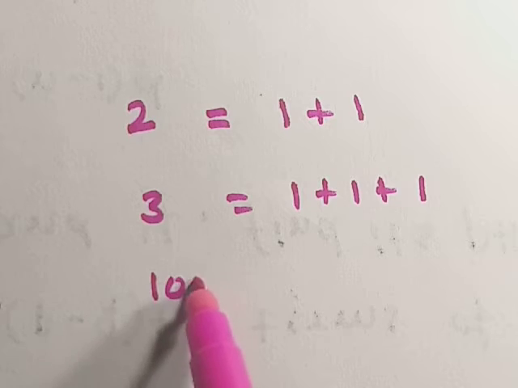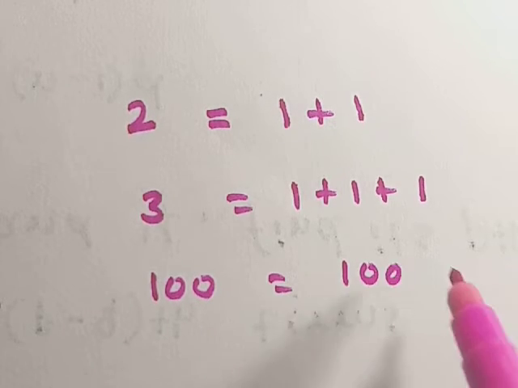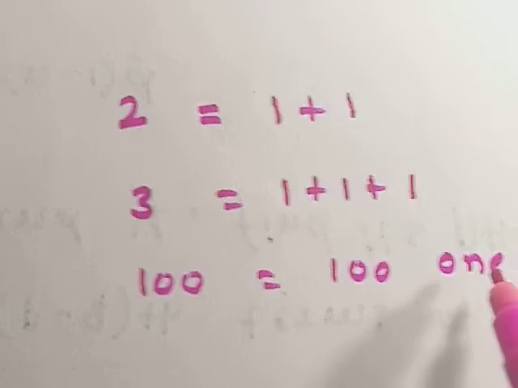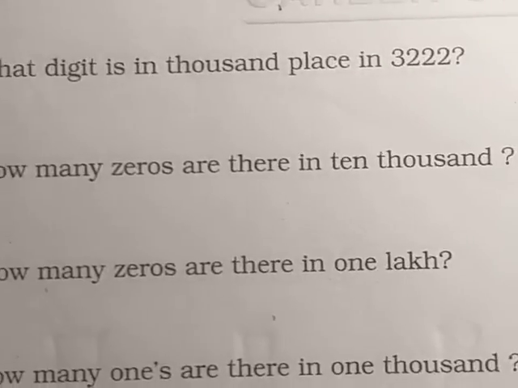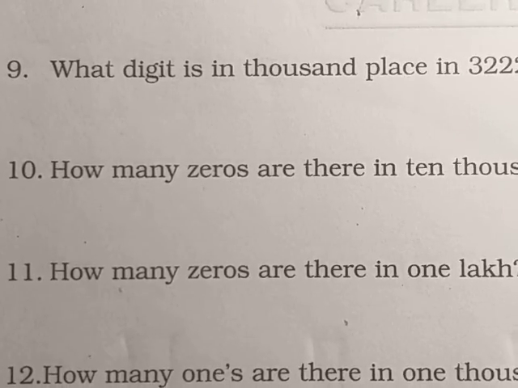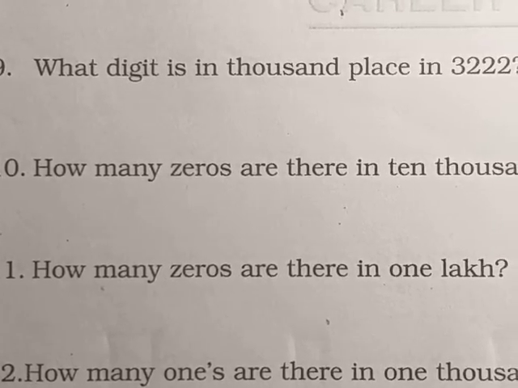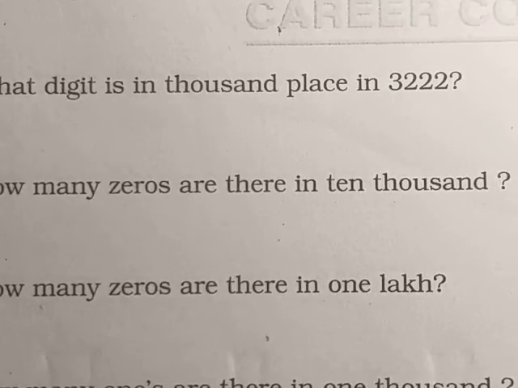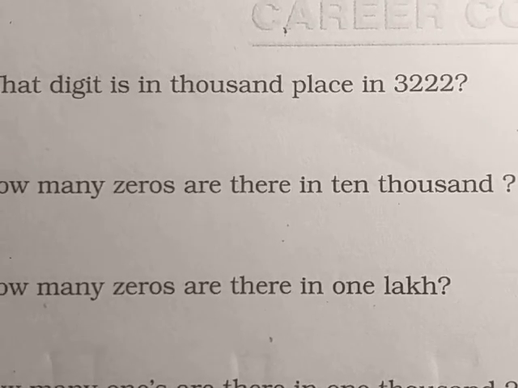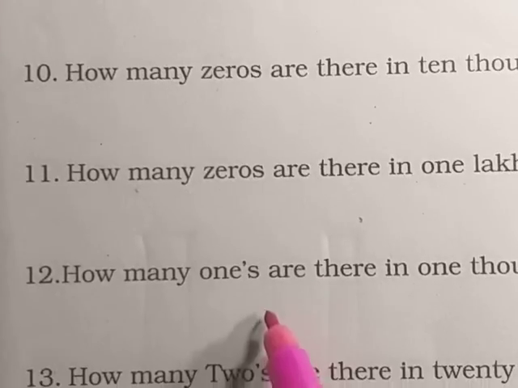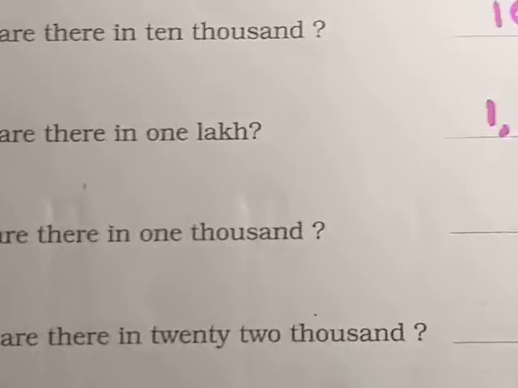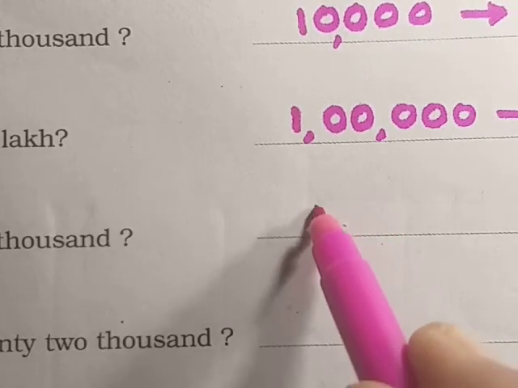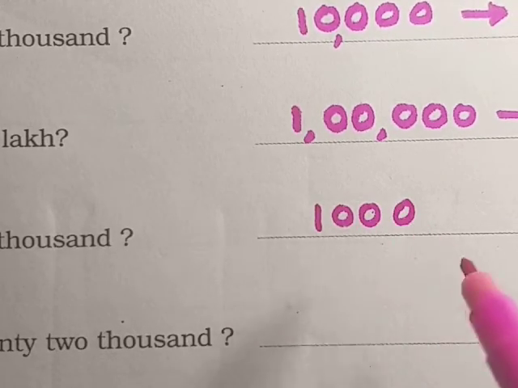In 100, there will be 100 ones. Right? Similarly, in 1000, there will be 1000 ones. Therefore, how many ones are there in 1000? There are 1000 ones in 1000.